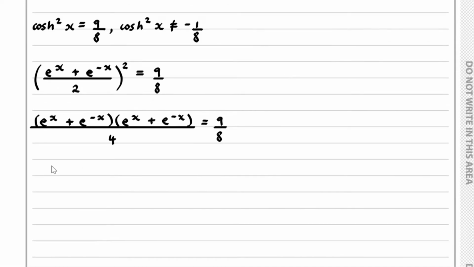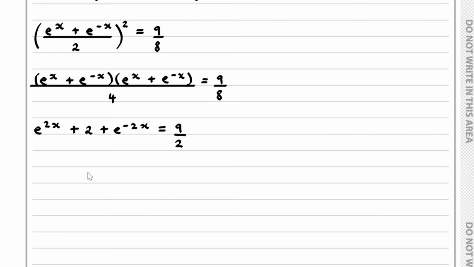And if I multiply through by 4 and expand on the left hand side, well, e^x times e^x will be e^(2x). Then we have e^x times e^(-x), that's 1. And then I've got another e^(-x) times e^x, so that's another 1. So we have e^(2x) plus 2, and then I've got e^(-x) times e^(-x), which is e^(-2x). And this will equal 9/8 times 4, which is 9/2.